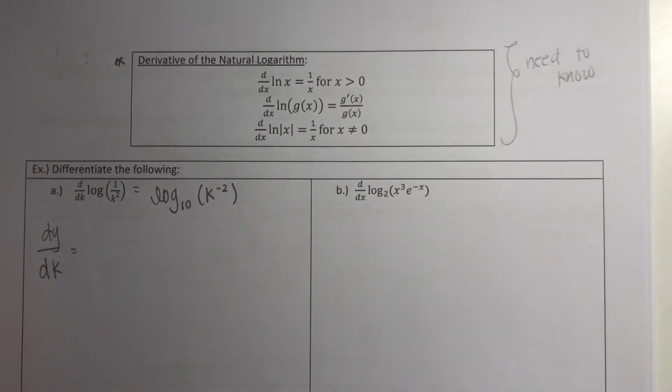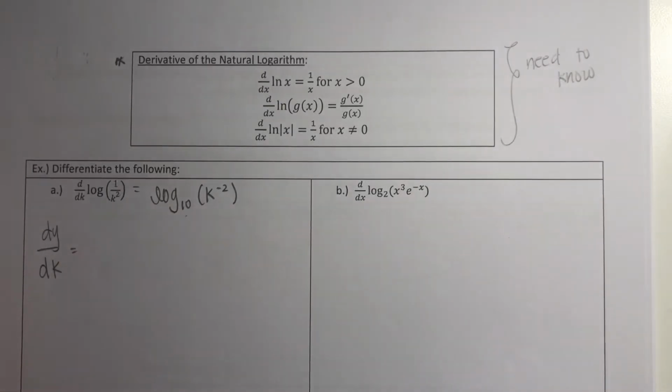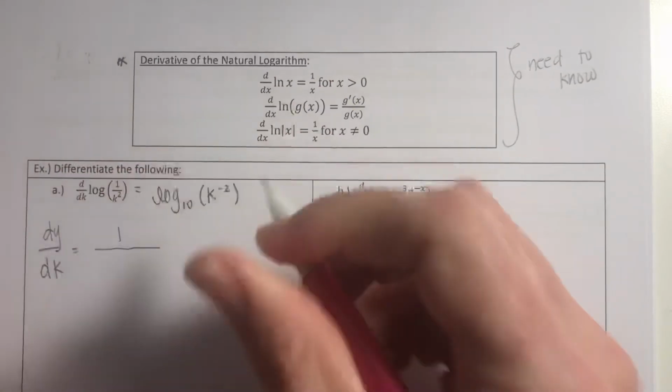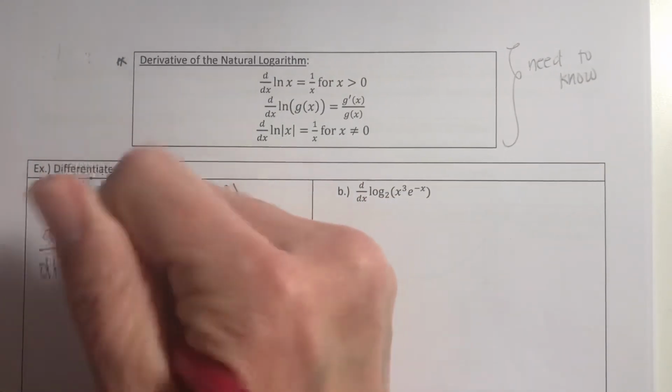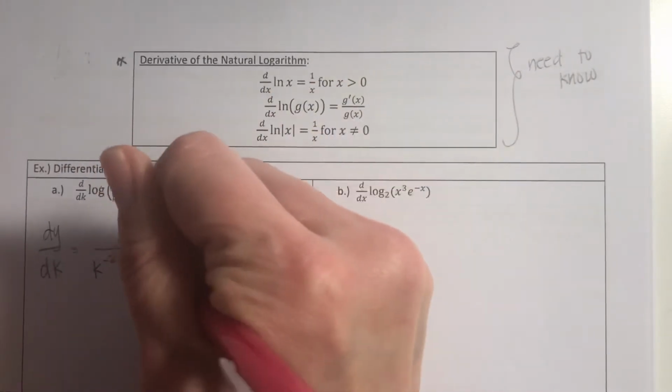And from here, we're going to take log base 10, which was on the previous page that we had, and that was 1 over the value that we're taking the log of, k to the negative 2, times ln of our base, which is 10.